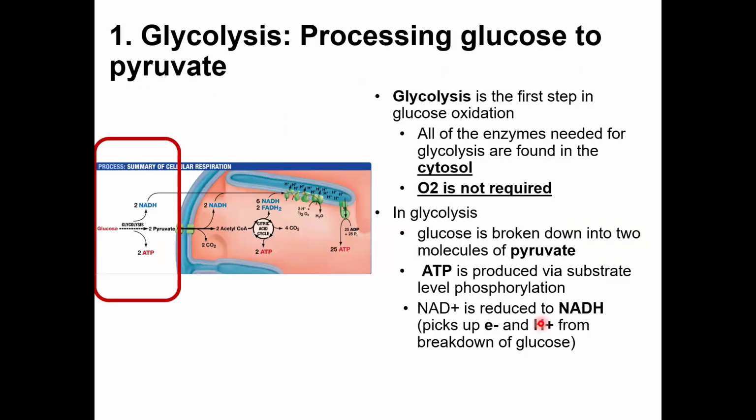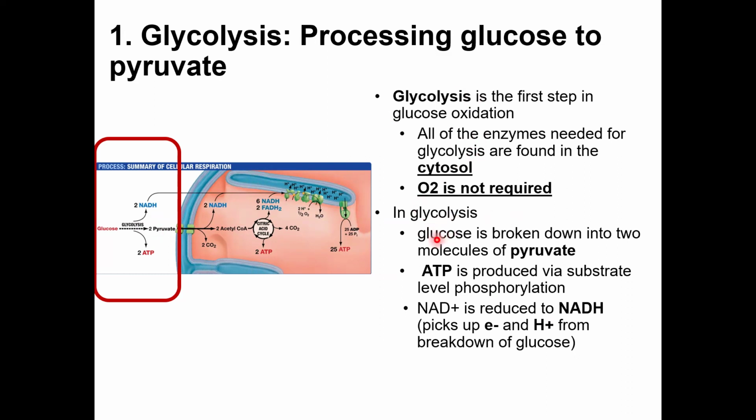Glycolysis is the processing of glucose into pyruvate. Pyruvate is one of the first set of molecules involved in cellular respiration. This is the first step. All of the enzymes that are required are present in the cytosol itself. In this scenario, oxygen itself is not required.